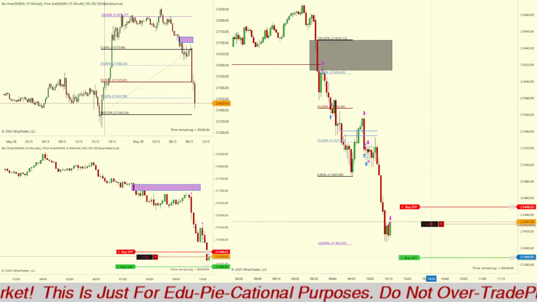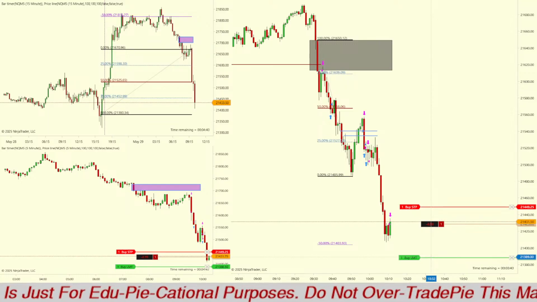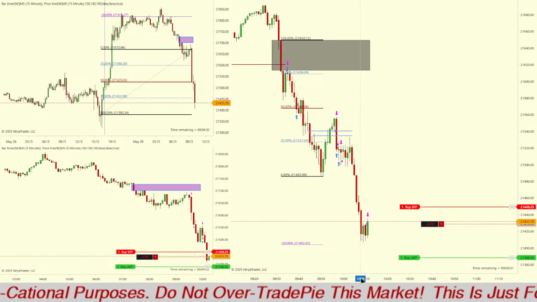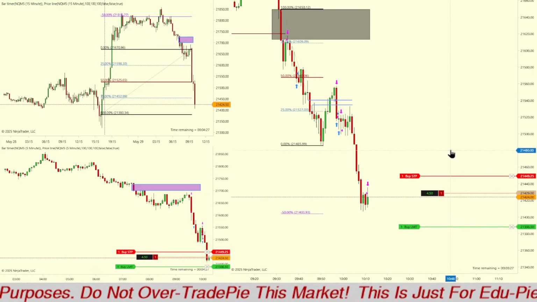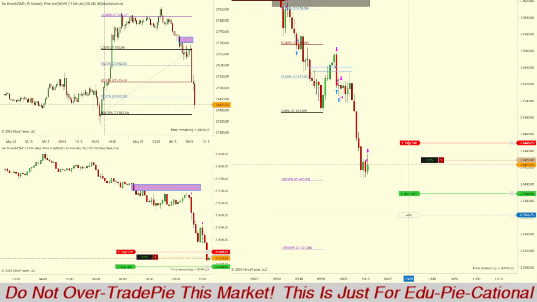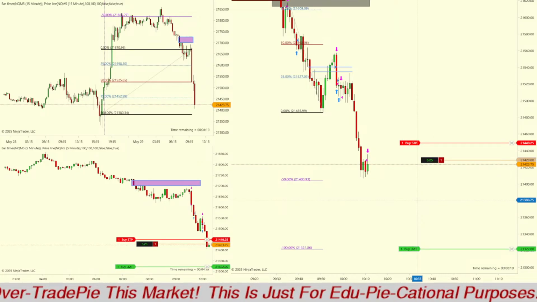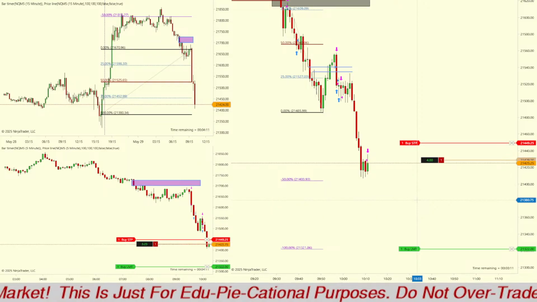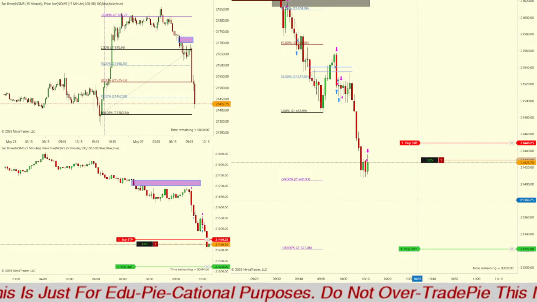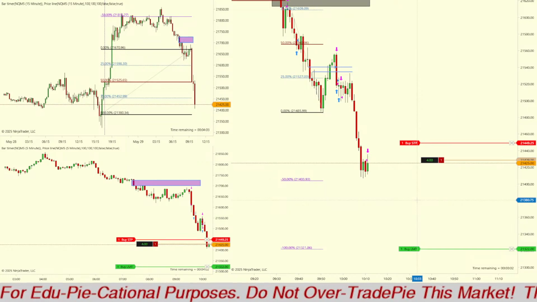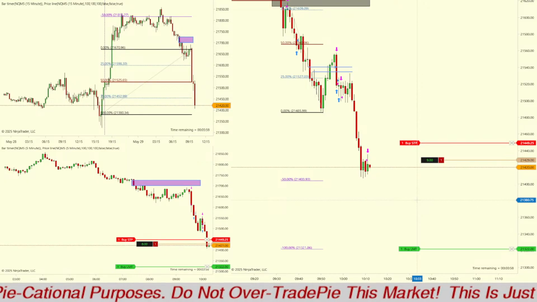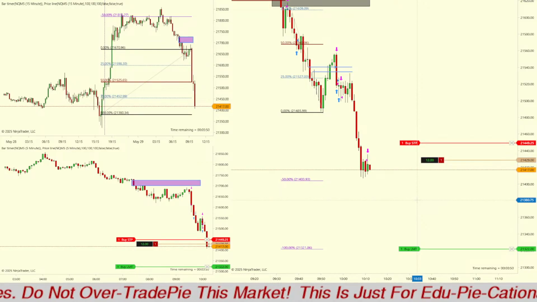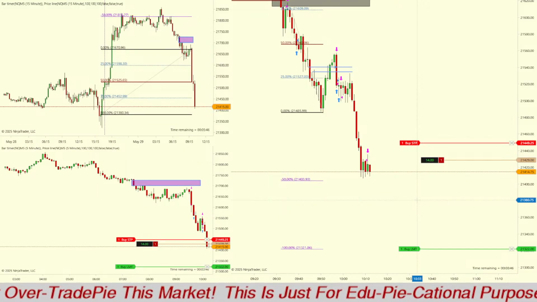Getting close to the wick, and here we go. Now after the market filled our position, it started going a little lower, and 20 handles delivered.